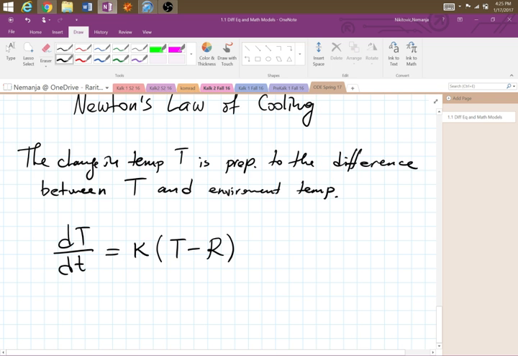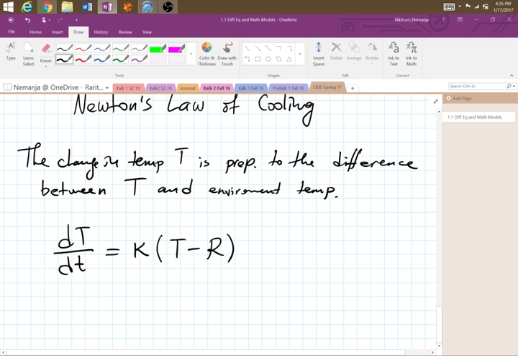The change in temperature in time is proportional to the temperature and so on. Now, the book is placing a negative sign there. I'm not going to put the negative sign on K because cooling is going to be positive K and heating up is going to be negative K. And the book is fixing that by introducing the minus sign there.